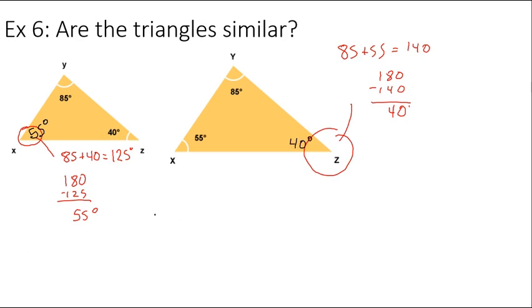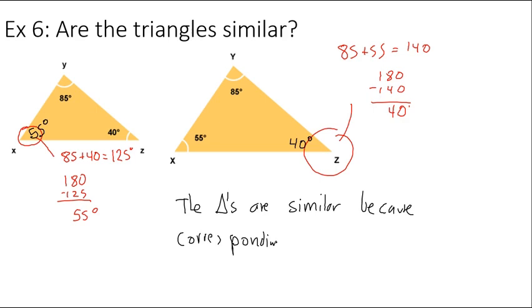So I'm going to say the triangles are similar because corresponding angles are congruent.